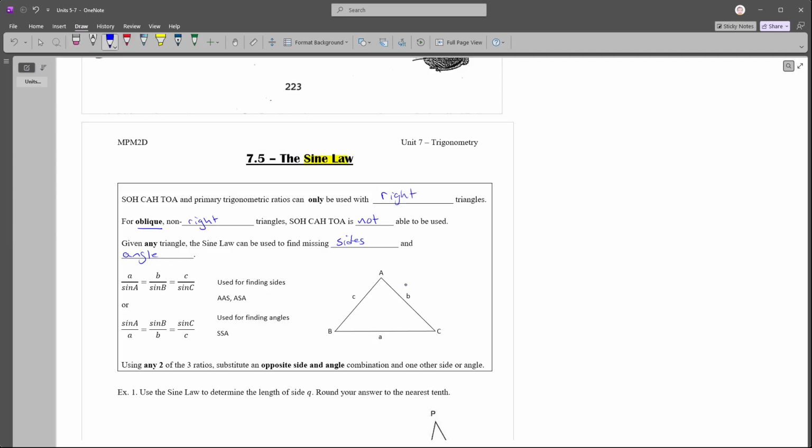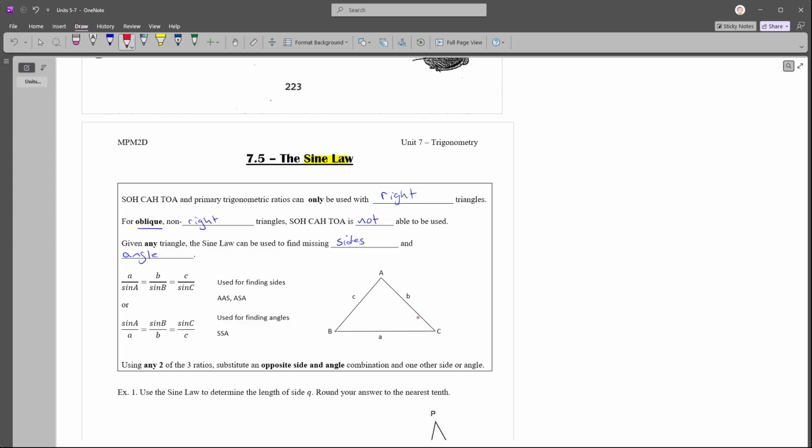Once we know that we can use the sine law, we've satisfied one of these three conditions. How do we actually use it? All we need to do is set up two ratios between a side and its angle. Any angle with its corresponding side will be one ratio.